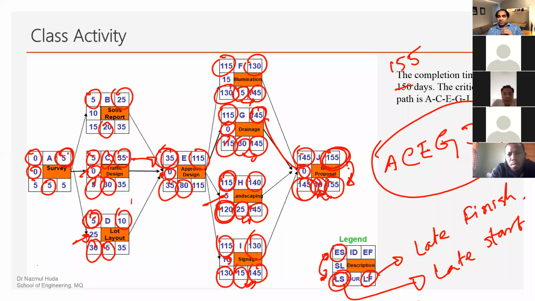That is 20%. Let me put it this way: if we have 4 case studies, 5% each. This is an individual submission. You submit the answer by the submission link from iLearn. So 5 times 4, 20%.